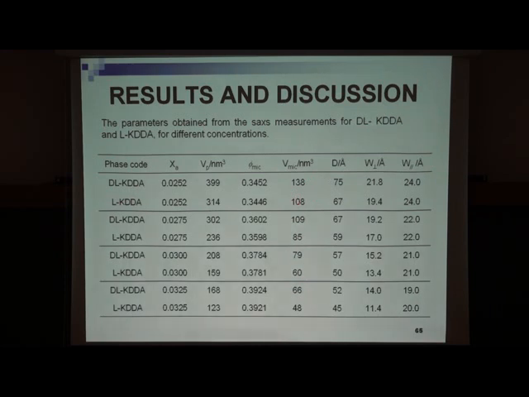In all cases, L enantiomers have smaller micelle volume than DL counterparts. This means that the micelles obtained from L enantiomers are always more compact than the DL racemic mixtures.